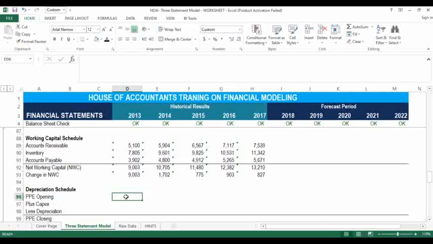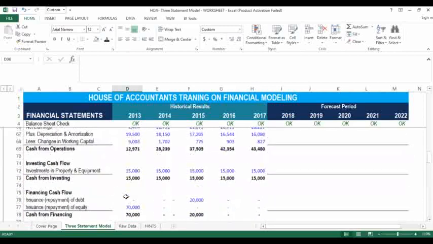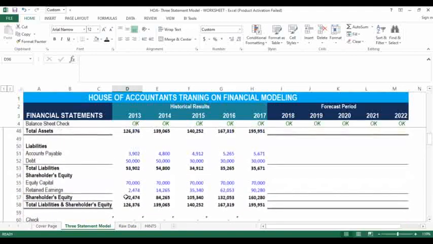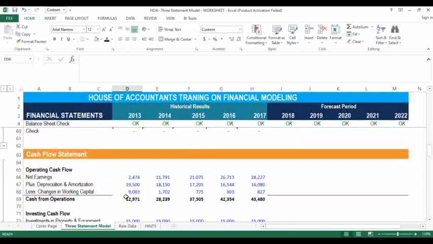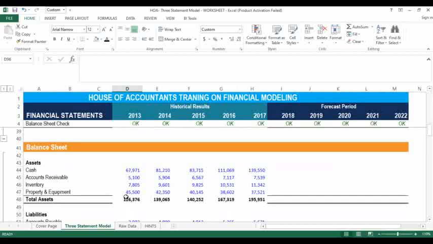Depreciation aspects now. So we have the opening schedule of the PPE. And what is the opening schedule of the PPE? Let's go to 2013, which is a balance sheet and PPE for opening.